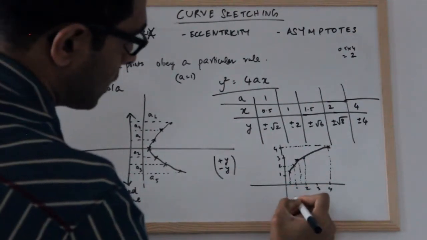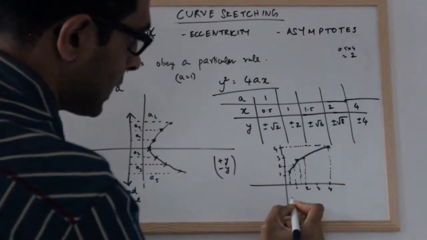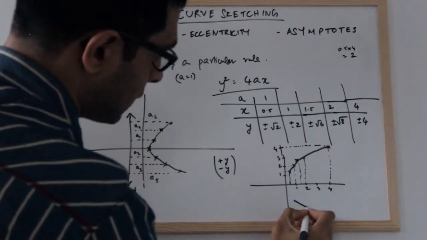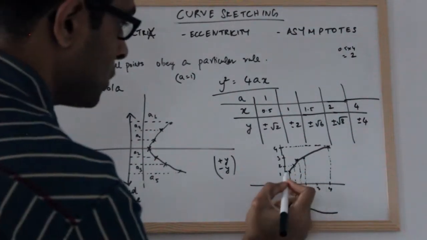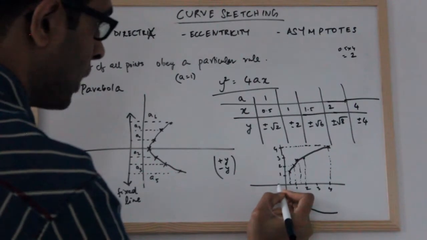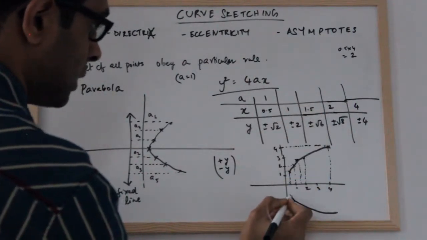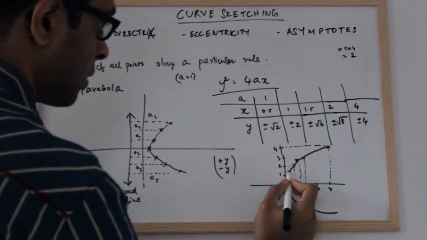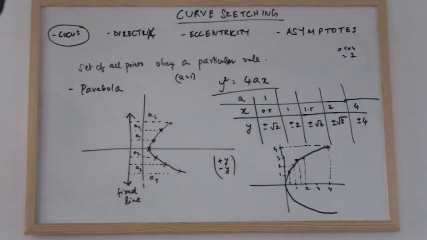So we can plot a mirror image along the x-axis for this curve, which would be something like this. And when you connect both of these together, even when x is 0, y is as well 0, we get the parabola which passes through the origin and a curve similar to this form.